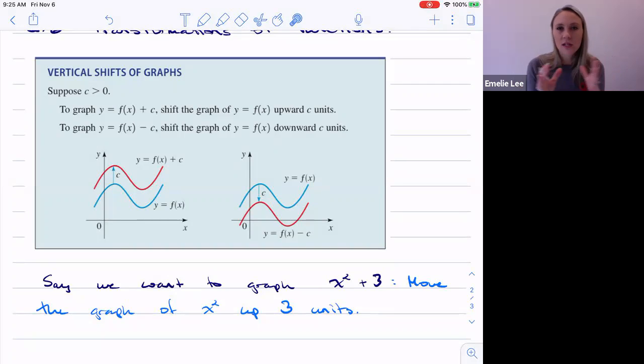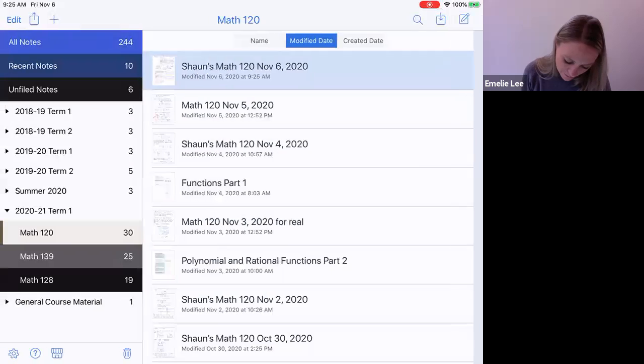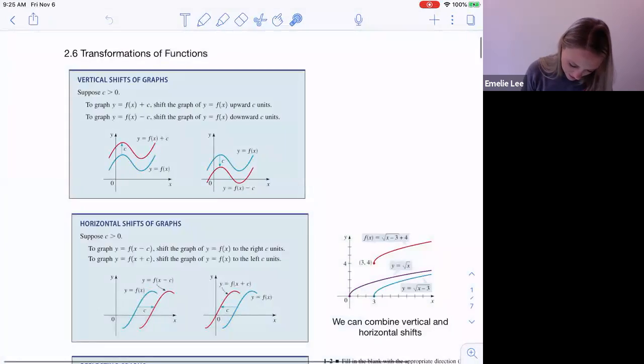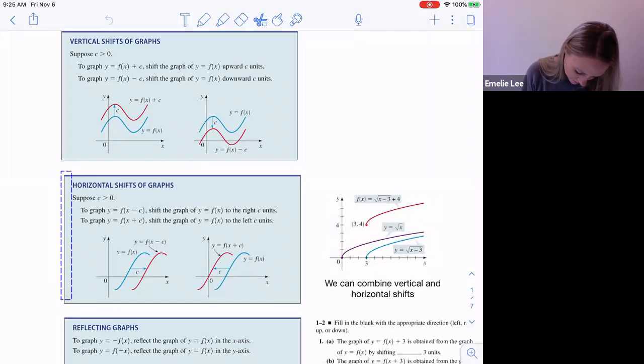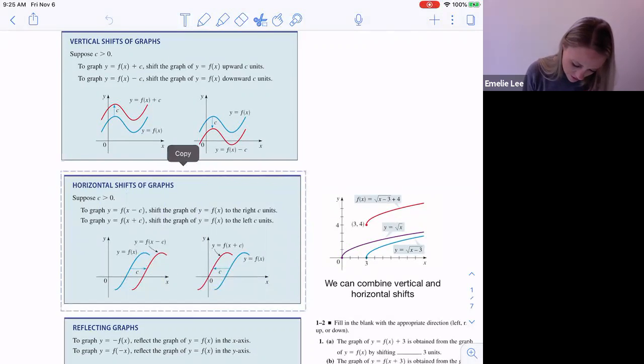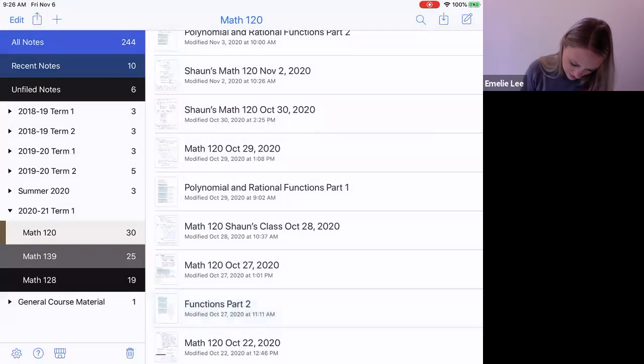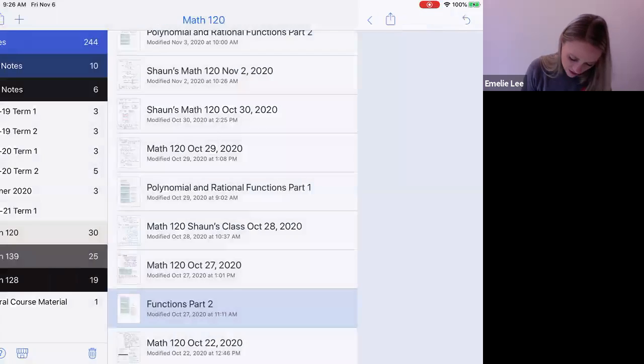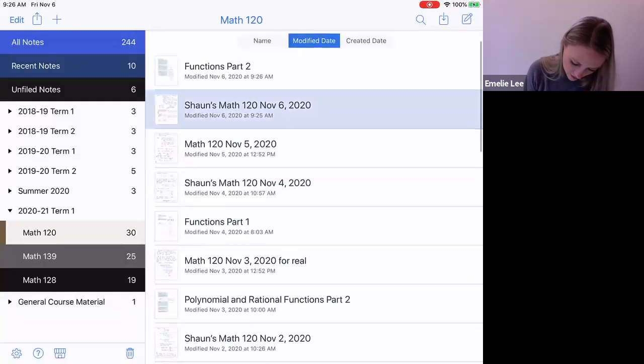Whereas horizontally, I find that they behave opposite of how I want them to, and that's always hard for me. Maybe you have it under control. But if we talk about horizontal shifts, let me do a little scribble so it bumps it to the top. How about that?